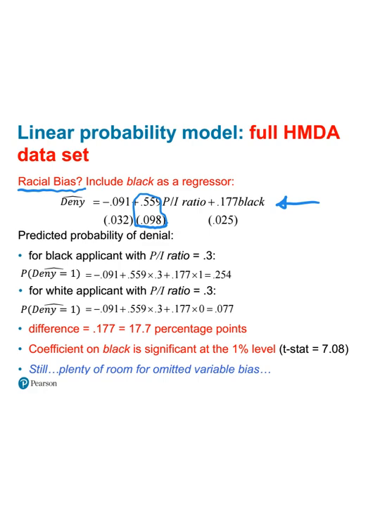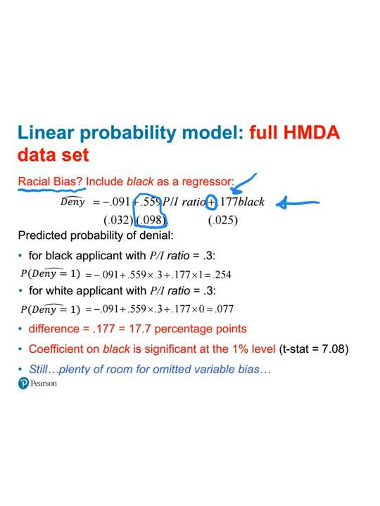And it happens to be a positive coefficient. So this suggests by itself that individual applicants that are black have a higher likelihood of being denied, upwards of 17.7 percentage points more of being denied relative to their counterparts that are coded as not black for this example. Now let's look at how this translates into the actual predicted probability of being denied.